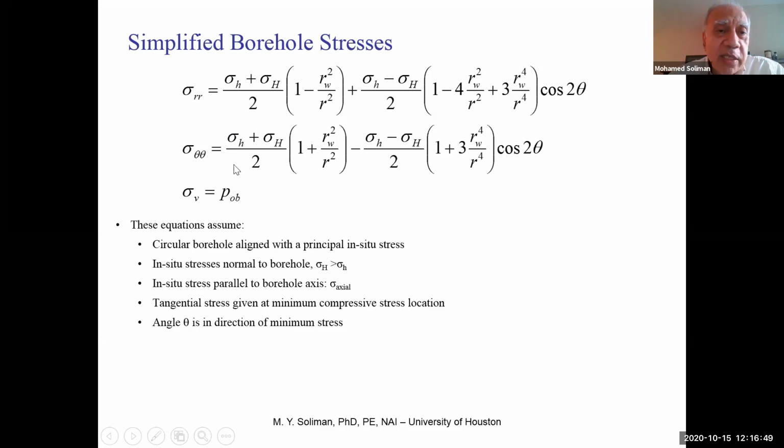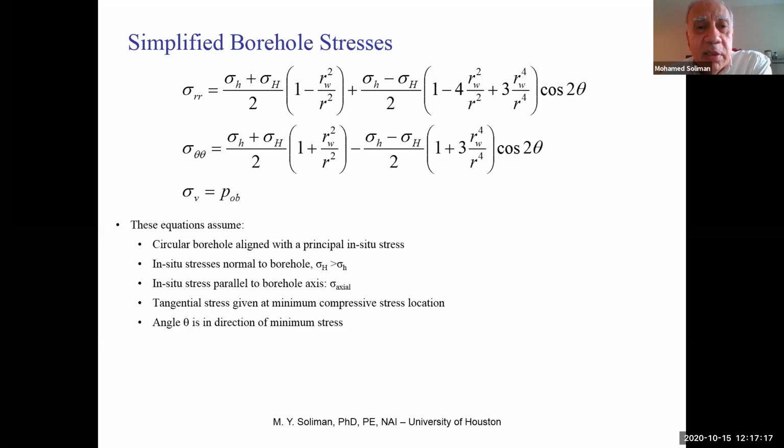The 2 here cancels out, so I end up with sigma h plus sigma H max minus this second term. I'm going to do it now for theta equals 0 and theta equals 90 degrees. Everyone get a piece of paper and follow what I'm saying.